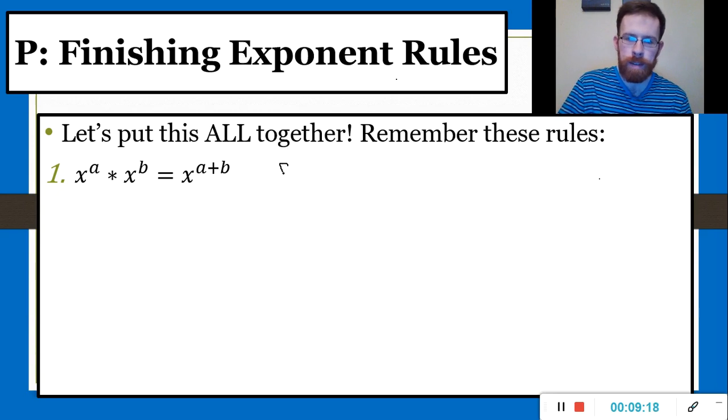If I have S to the 10th power times S to the 11th power, that's going to be S to the 10 plus 11, and that is S to the 21.